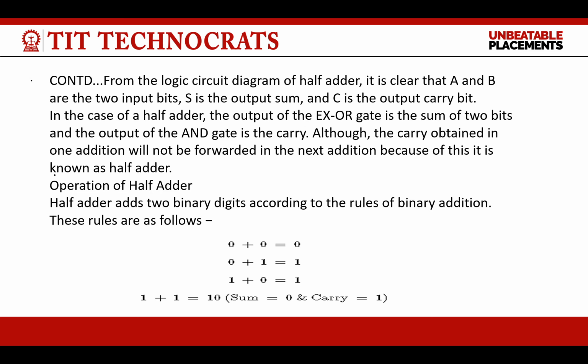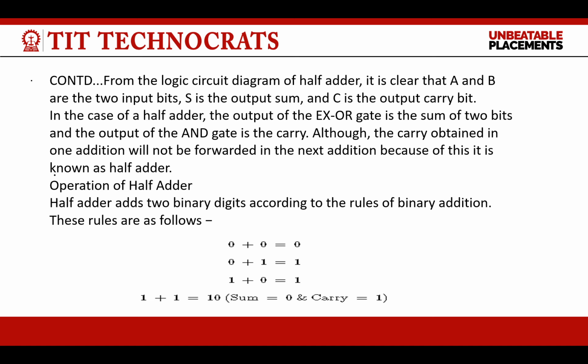From the logic circuit diagram of the half adder, it is clear that A and B are the two input bits, S is the output sum, and C is the output carry bit. In the case of a half adder, the output of the exclusive OR gate is the sum of two bits and the output of the AND gate is the carry.